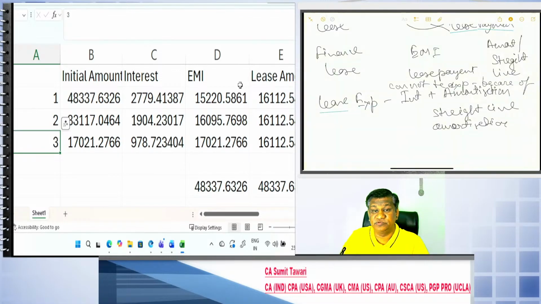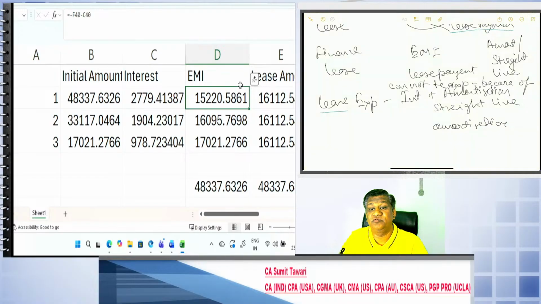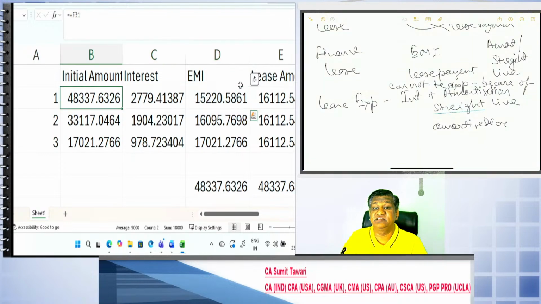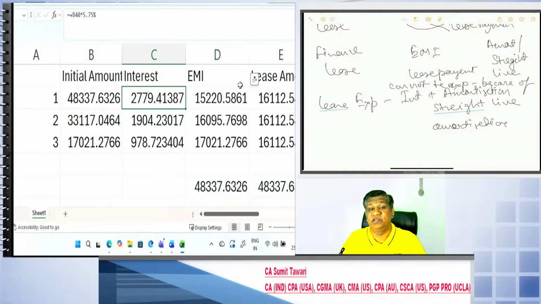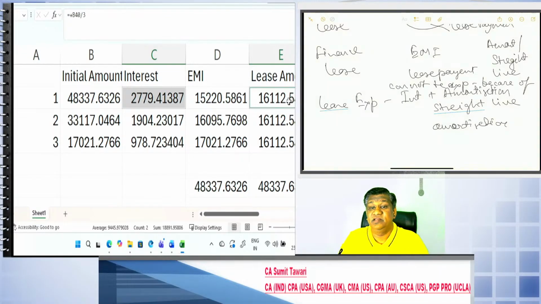Okay, so if you see the operating lease, because we are reducing the same amount in the asset as well as the liability, so this too is my lease expense. But in finance lease, the ROU we need to amortize over the straight line method. So that's why the interest plus lease amortization is less than or greater than the EMI lease payment.